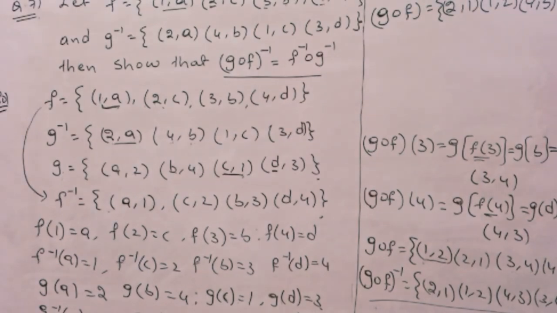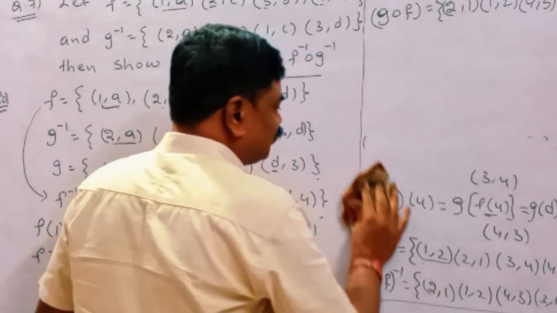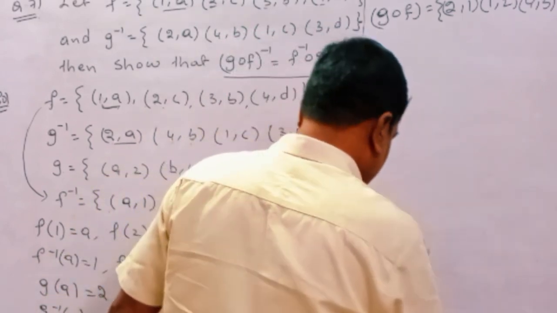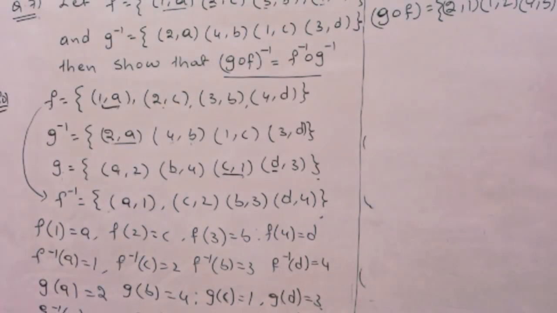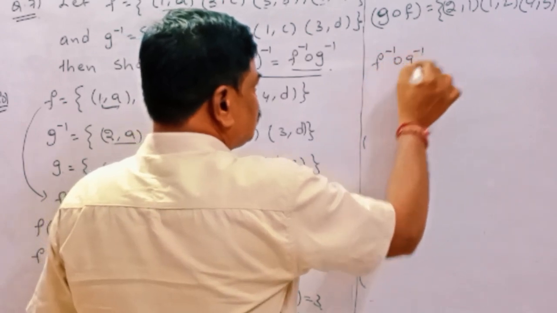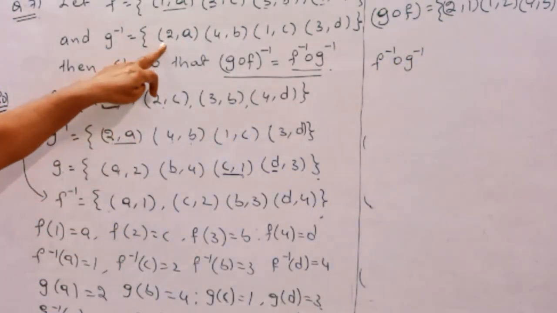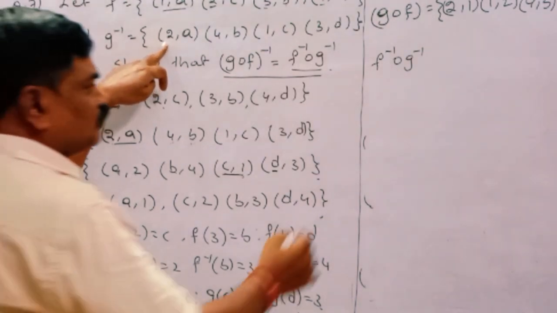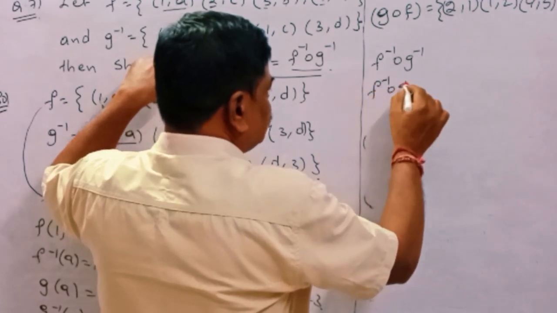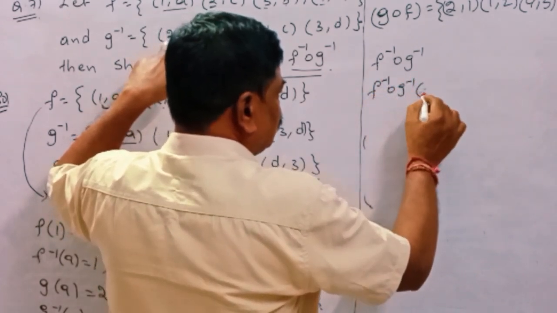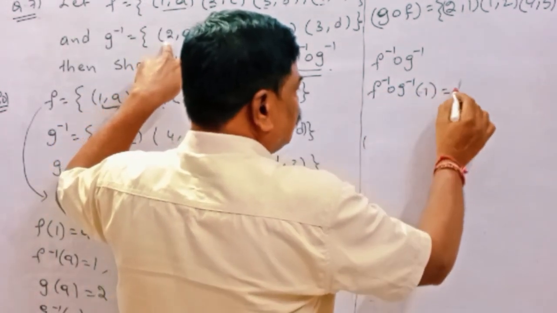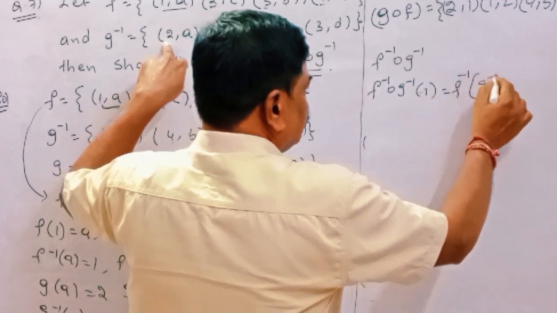Okay, all of you. Then we have to find F inverse circle G inverse, the RHS of the problem. F inverse circle G inverse of 1 is equal to F inverse of G inverse of 1.